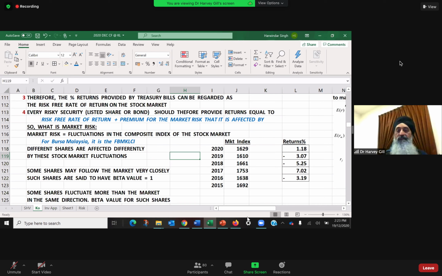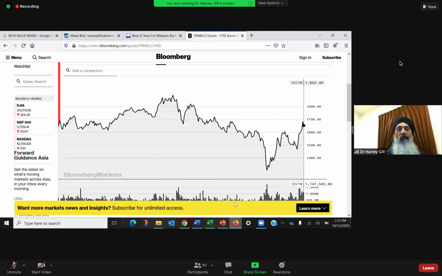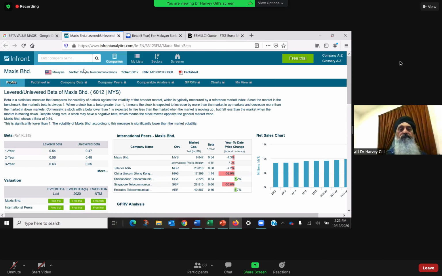Yeah, so I have actually shared with you those 2 web pages. One is this one, Investing Analytics, where you can see the beta value for Maxis. If you can get a 5-year beta that is better, but they have a 3-year beta.